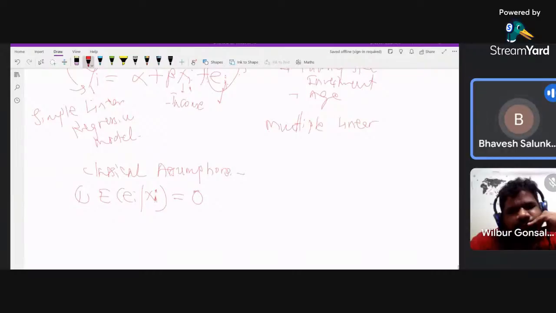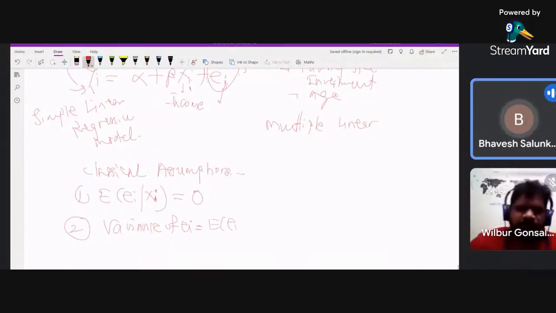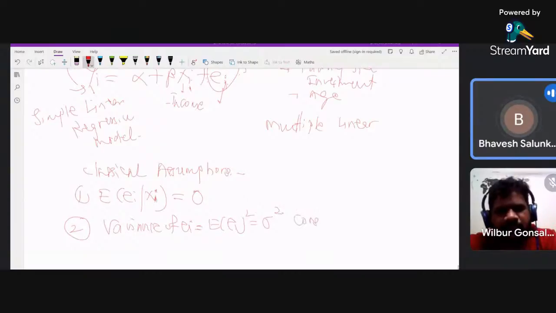The second important assumption is that the variance of ei, which is equal to the expectation of ei square, which is equal to sigma square, is constant across X. What do you mean by this? I am going to talk about this with the help of a graphical presentation.